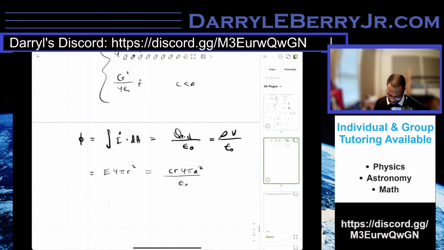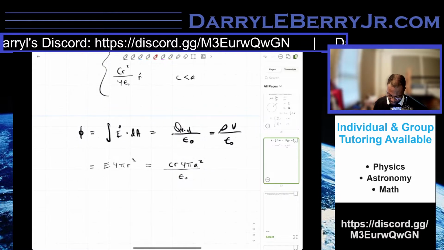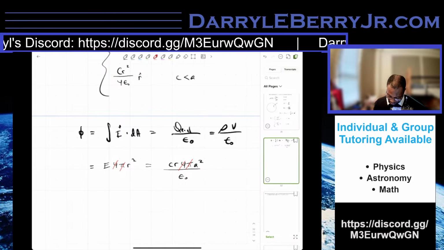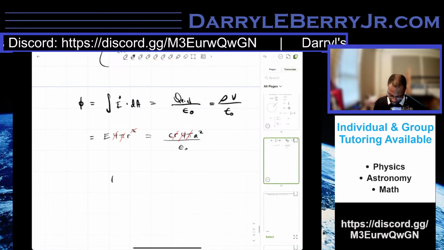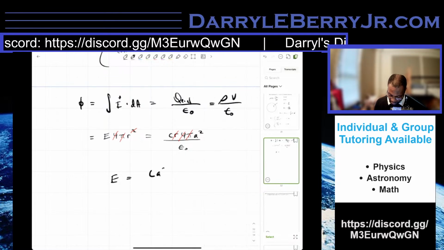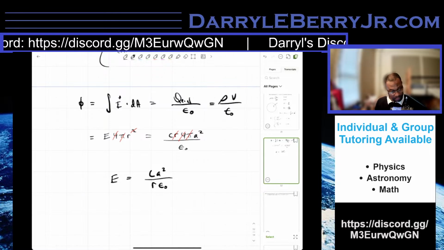So one of these should cancel, it seems. So E will be C a squared over r epsilon naught.